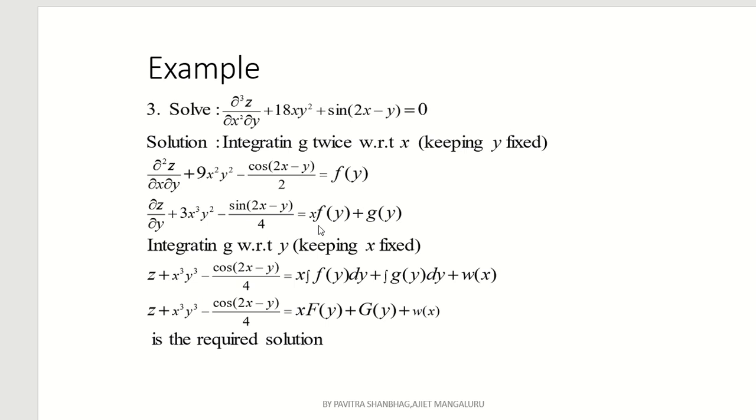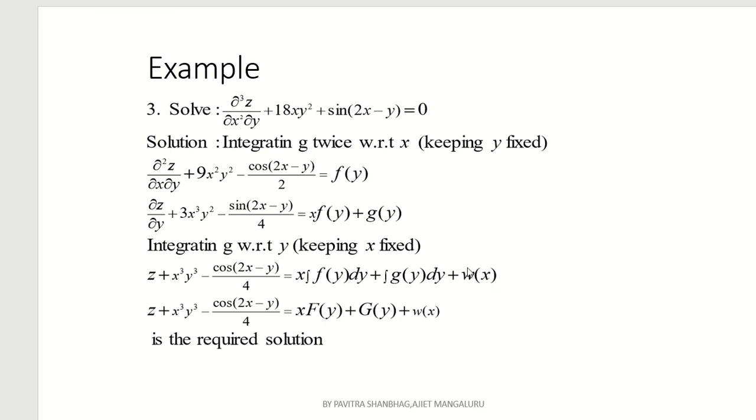With respect to y we are integrating, write x as it is, integration of small f(y) dy plus integration of small g(y) dy. Since we are integrating with respect to y, we have to add the constant of integration in terms of x, that is w(x) or h(x), whatever it may be.